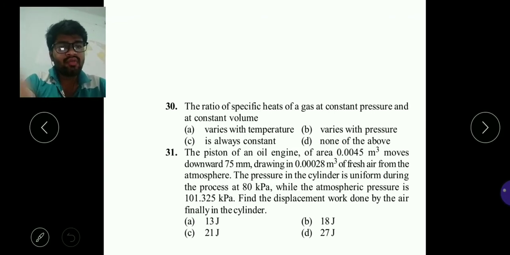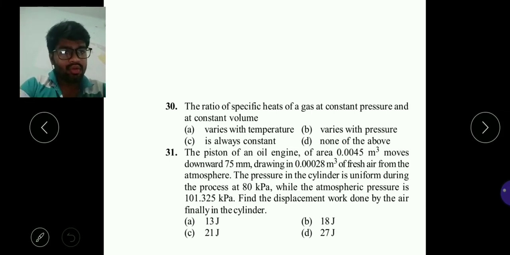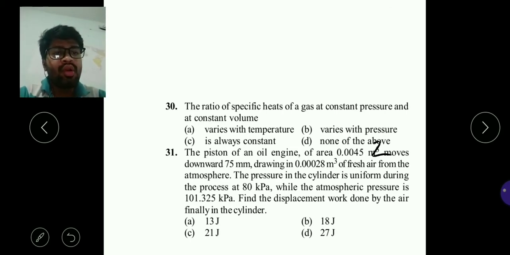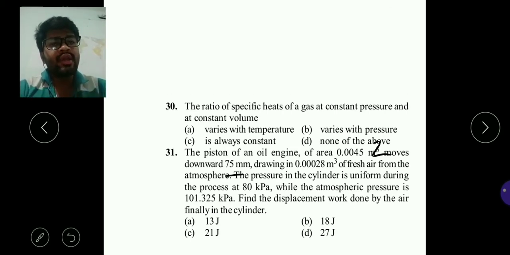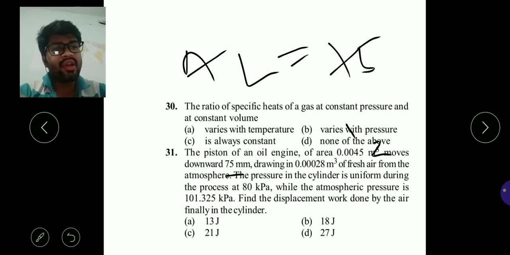Then next, the piston of an oil engine of area, in meter square, not meter cube, 0.0045 meter square, moves downward 75 mm. So area is given as 0.0045 meter square, and L, the stroke length, is 75 mm.